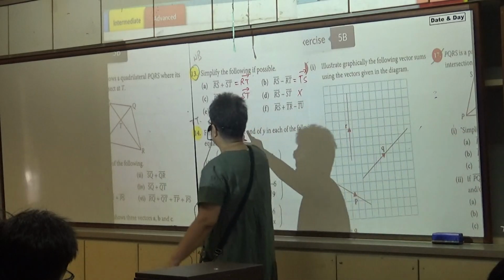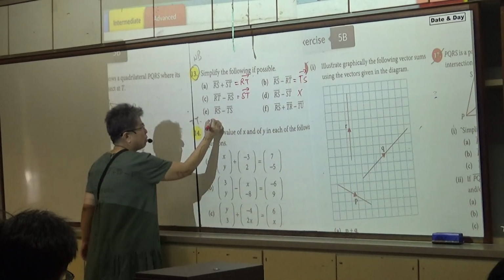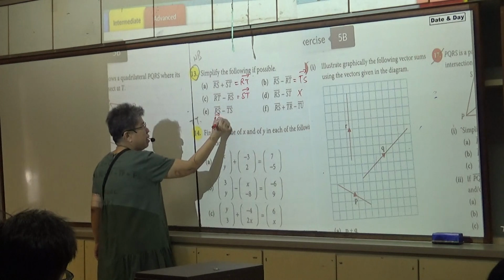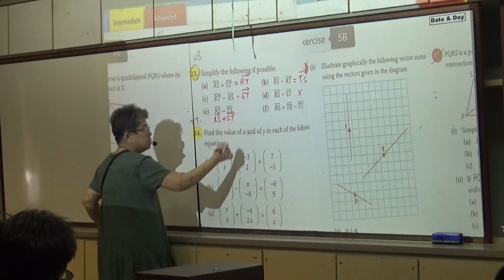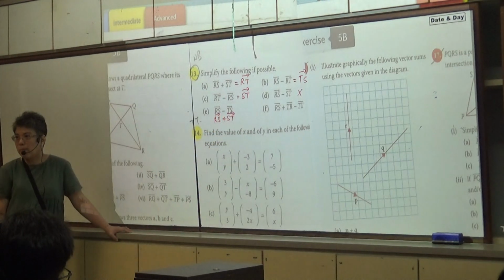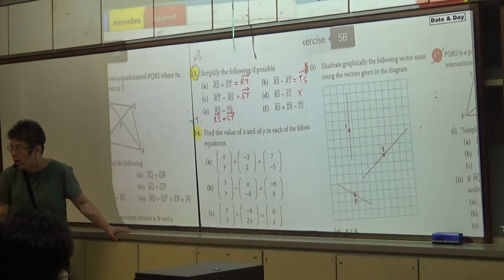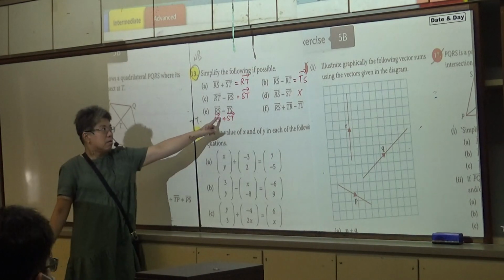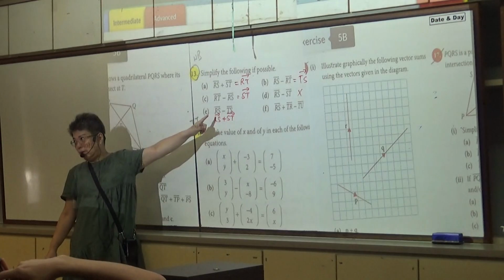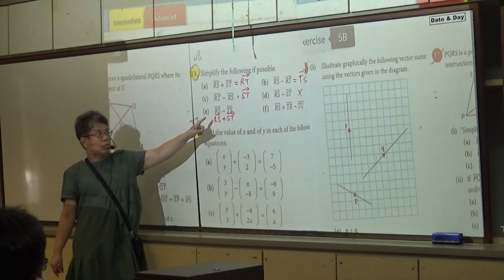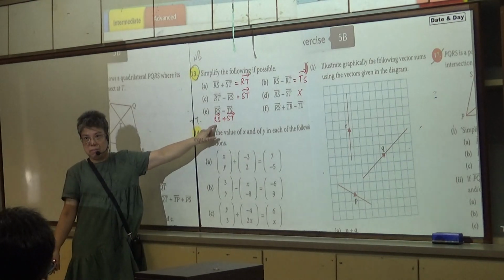Okay. Now, this one I want to talk about. RS, can you see that this is a plus ST? That's why I say when it's reversed, it's a minus, right? Correct or not? If I write like that, straight away you can do it already. It's like students don't know how to write this.